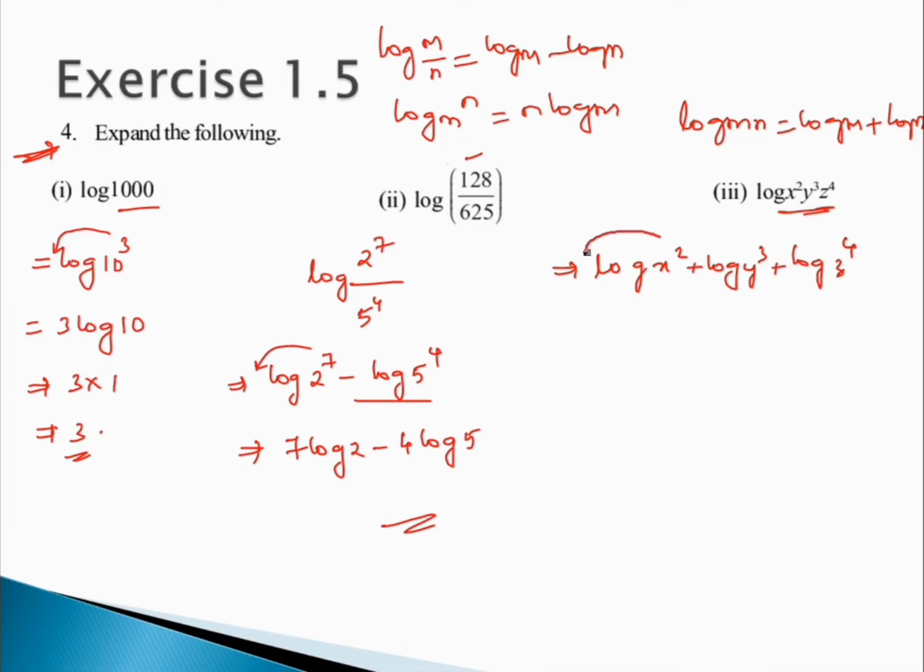Now I'm shifting these numbers using this formula. This comes out to be 2 of log of x plus 3 of log of y, 4 of log of z directly. I'm sorry, this is not 3, right? This is Z. Okay, Z directly, which is your required formula.